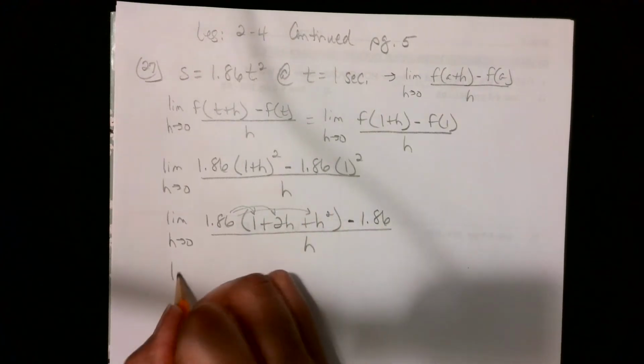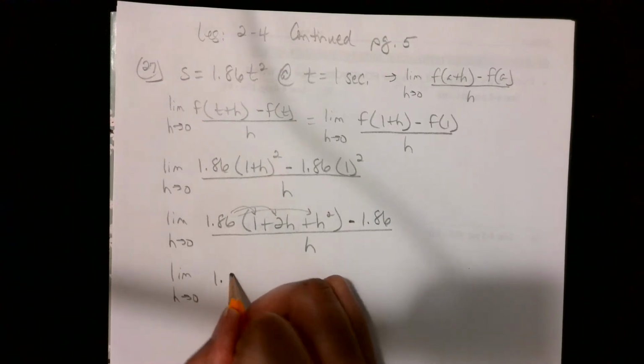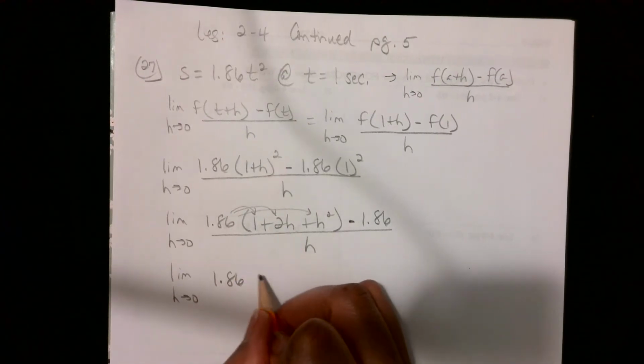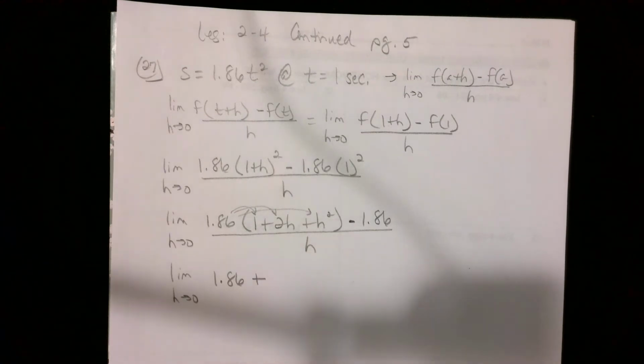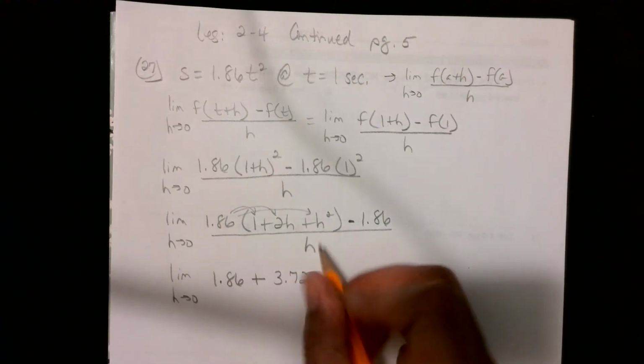distribute this. So this will be the limit as h approaches 0 of 1.86 plus, and then 1.86 times 2 is 3.72. Don't forget your h.